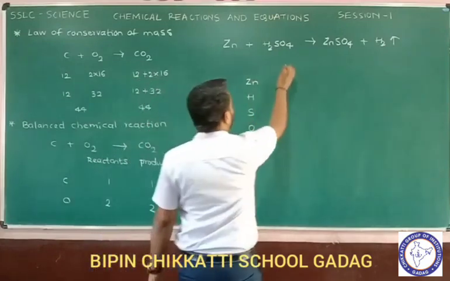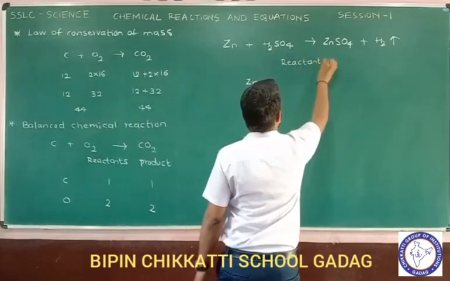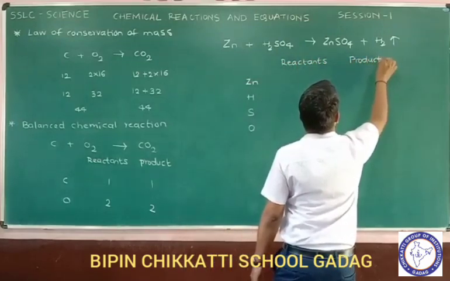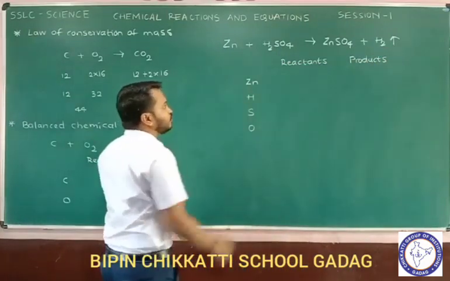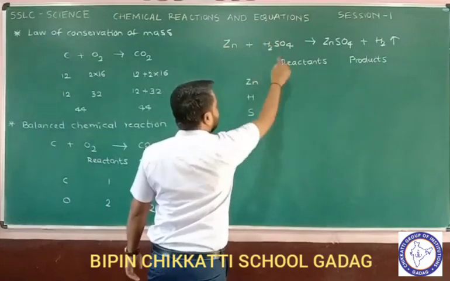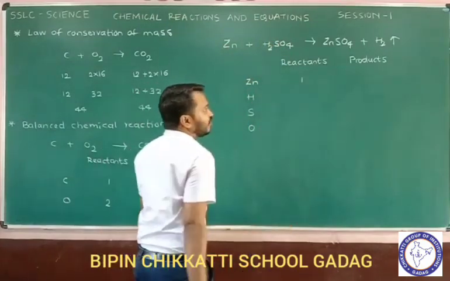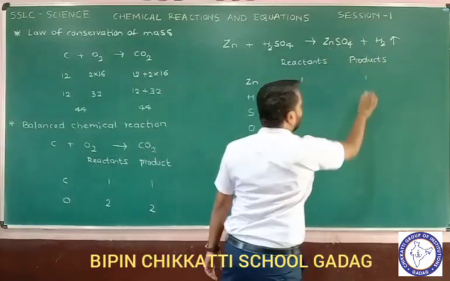We'll see the condition in the reactants and then how many atoms of each element we have in the products. Now zinc: on the reactant side, the left of the arrow, we have only one zinc. In the product, the right of the arrow, we also have only one zinc.